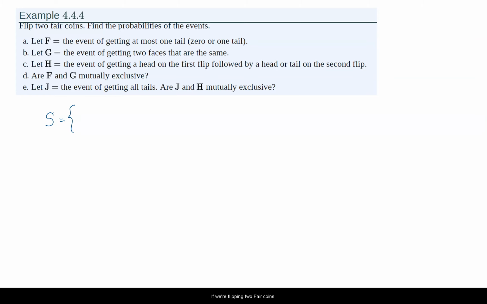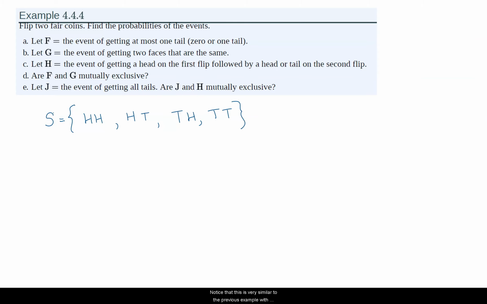If we're flipping 2 fair coins, then the outcomes for the first coin are heads or tails. But the second coin coming in creates a new dynamic. The second coin, we could have heads, we could also have tails even if the first coin is heads. If the first coin is tails, we could have the second coin being heads or tails as well.